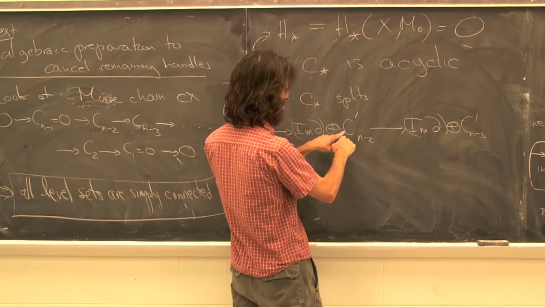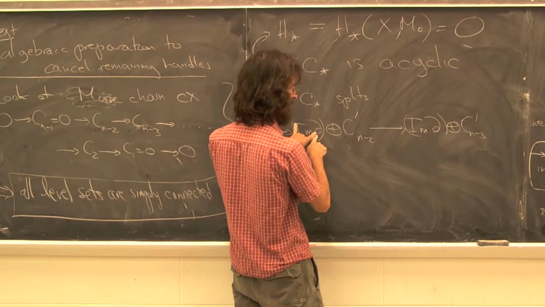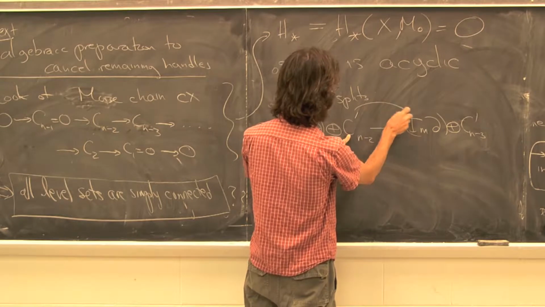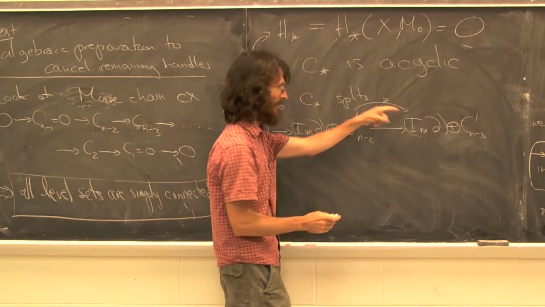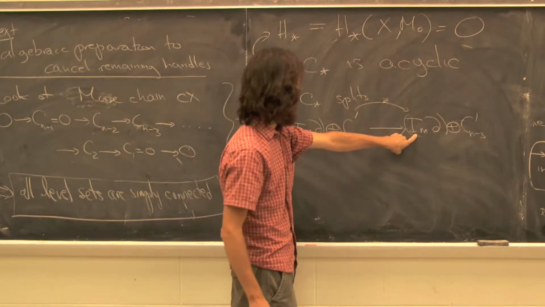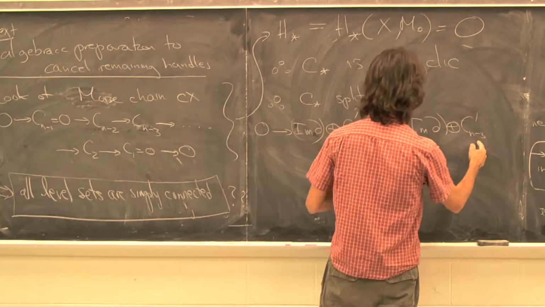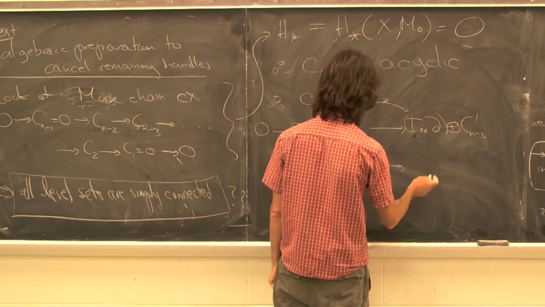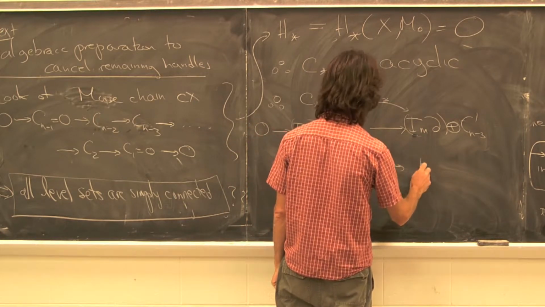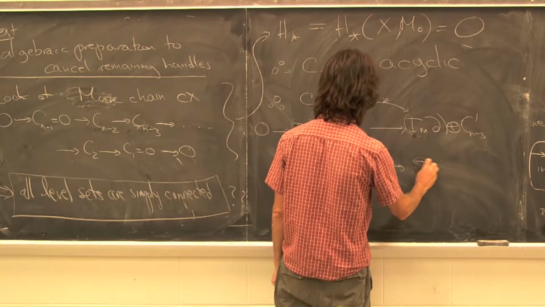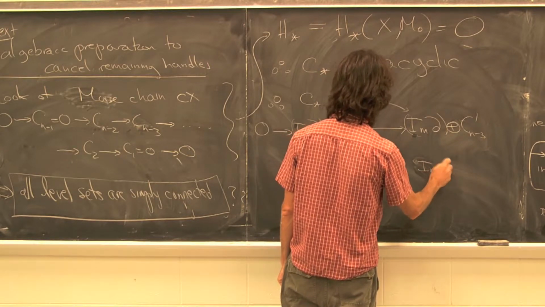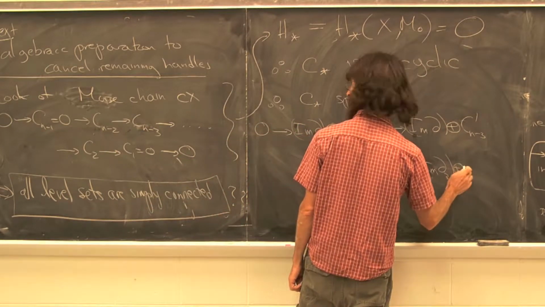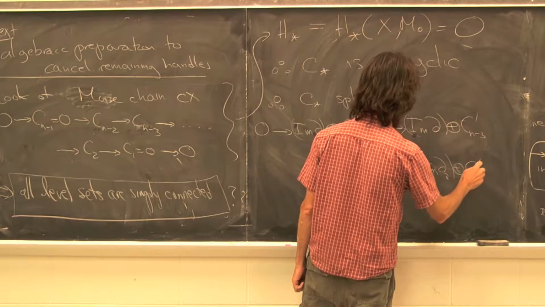The point is that this map is such that the image goes to the kernel, and that map is an isomorphism, mapping isomorphically onto the image. That's sort of obvious. And then this maps all the way down to the image of the boundary map from C3 to C2, direct sum C2 prime.